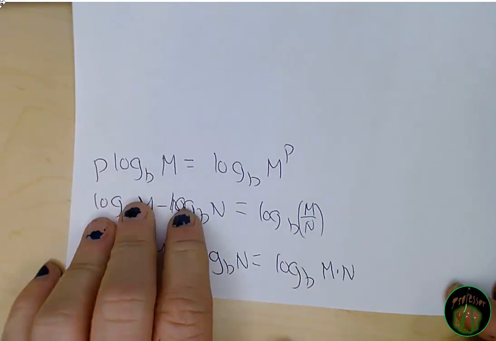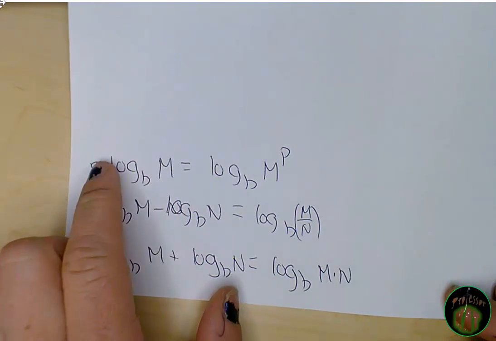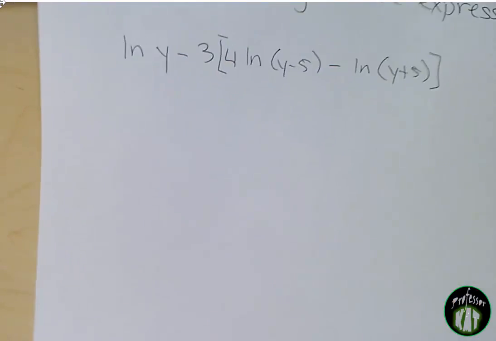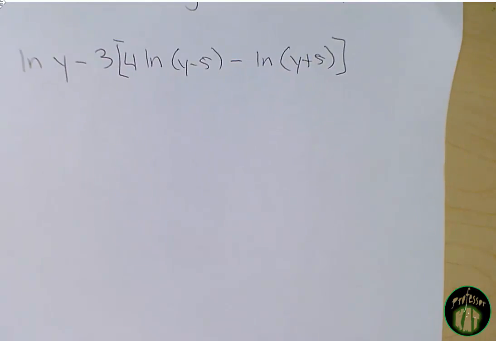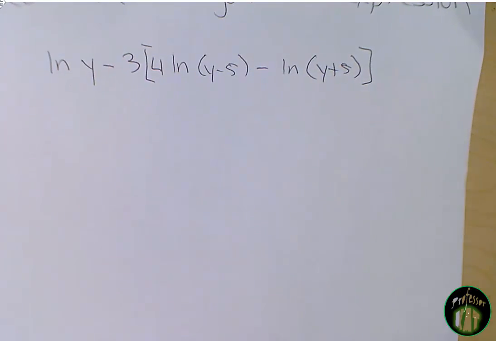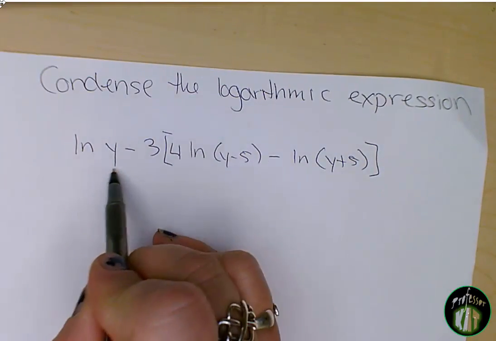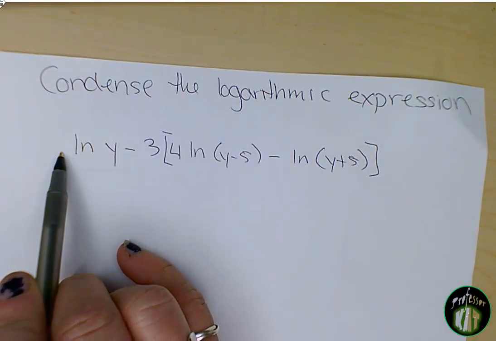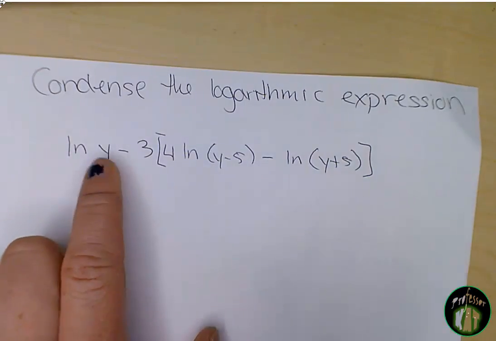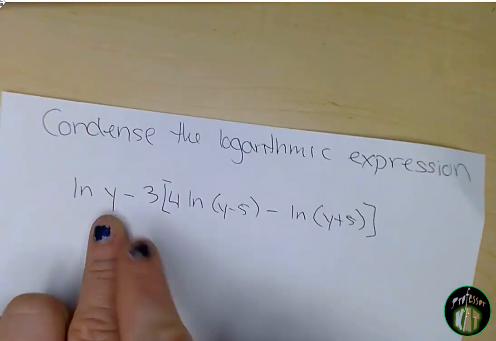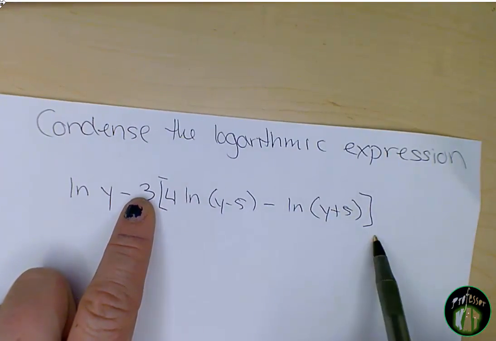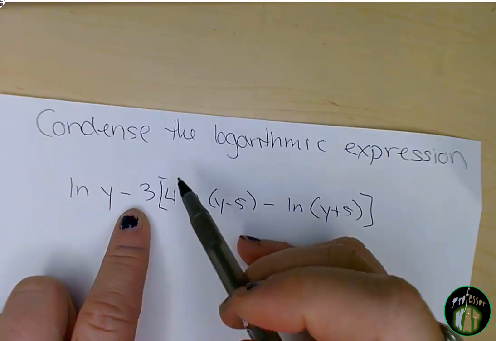So we're going to be using these rules from left to right, top to bottom. So the first rule I always like to look for are the power rules, which tells us to look for coefficients. If we have coefficients, those coefficients belong as exponents. So here for the ln of y, we don't have a coefficient other than 1, so that one is fine. But we do have this minus 3, so this minus 3 does belong to everything inside the parentheses.